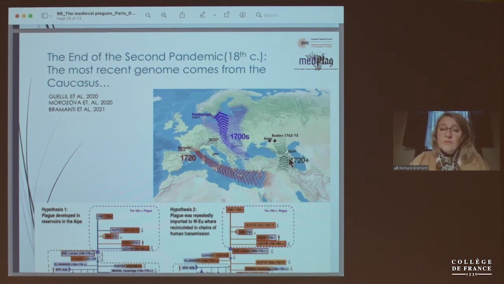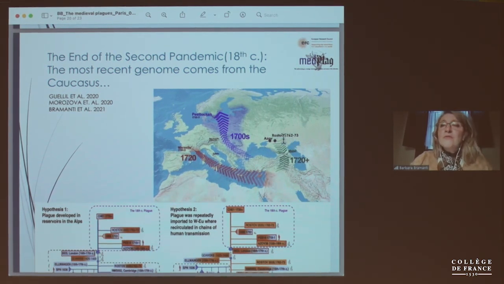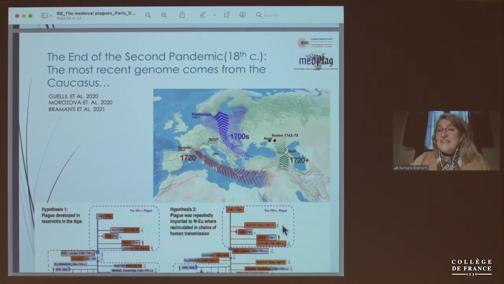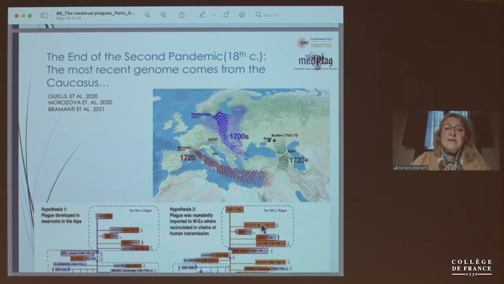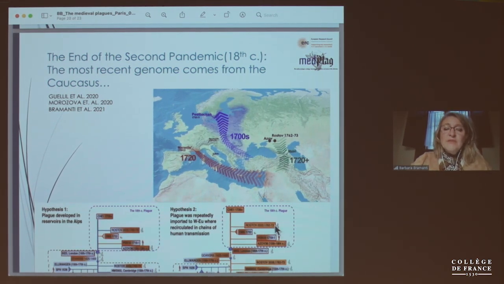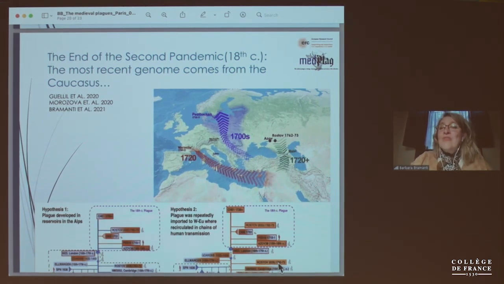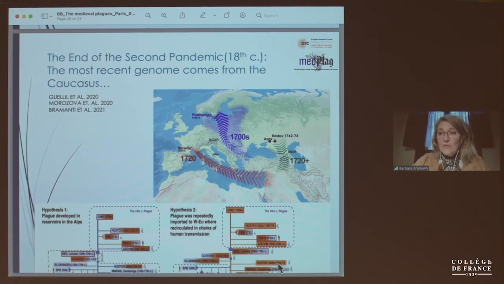But we have also, thanks to the work of Morozova et al., some strains coming from Rostov, which is closer to the Black Sea. And they are very interesting because, as you can see on the bottom of the picture, they are from the same cemetery, but they show two different genomes. This is also possibly a signal of being closer to the actual reservoir.